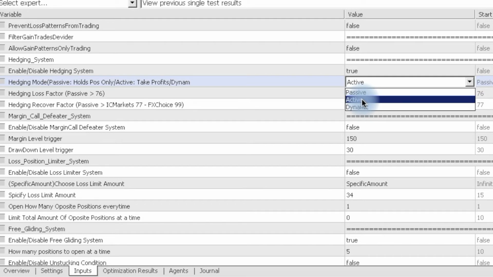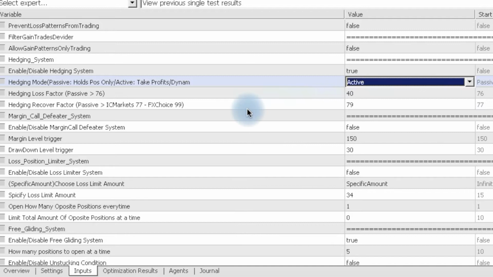So it will open two positions instead of one. One is passive and one is active. The passive will stay holding, will not do anything until the main position recovers. And the other position will keep on taking profit and reopening itself. Now, when it reaches the recover point, it will close all hedging positions.